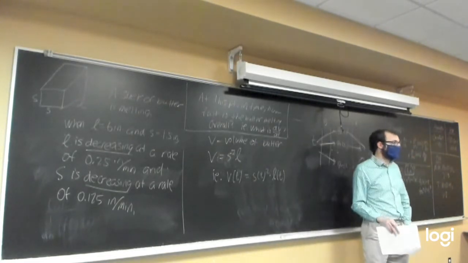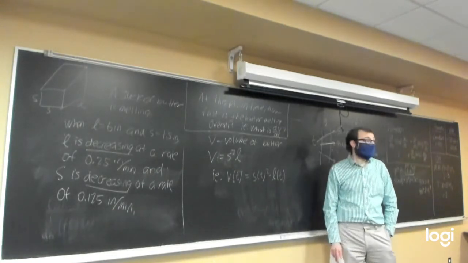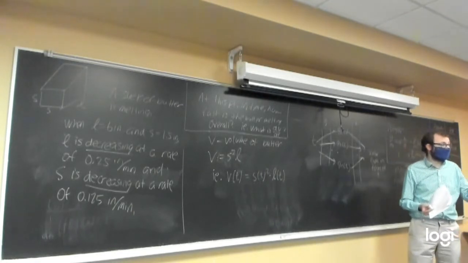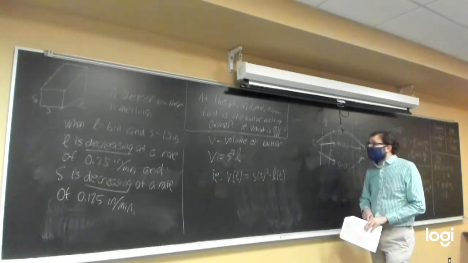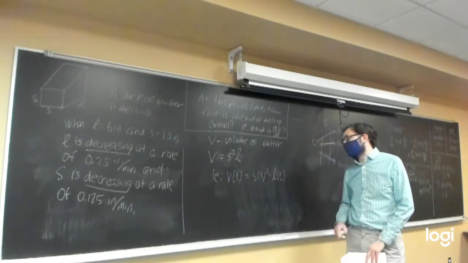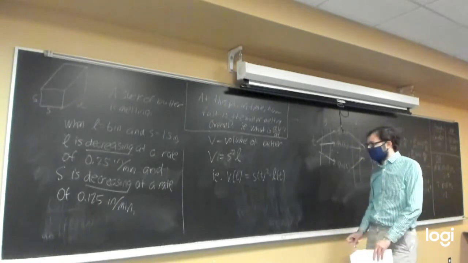If you look at the stick of butter 5 seconds versus 5 minutes after we put it in the microwave, all of these values, S, L, and V, are probably going to be different from each other as the stick of butter slowly melts away. So something we're going to need to figure out is how we can differentiate volume with respect to time here.